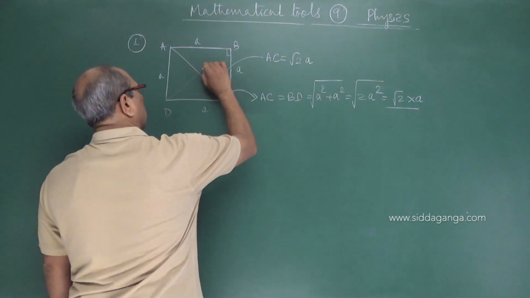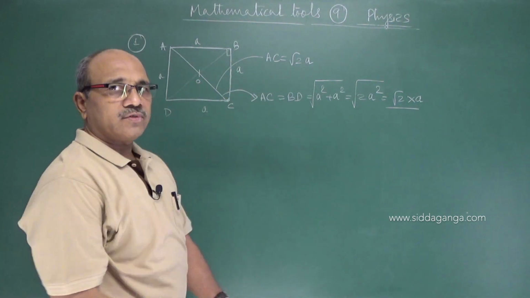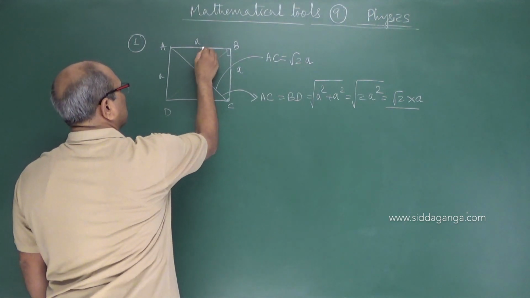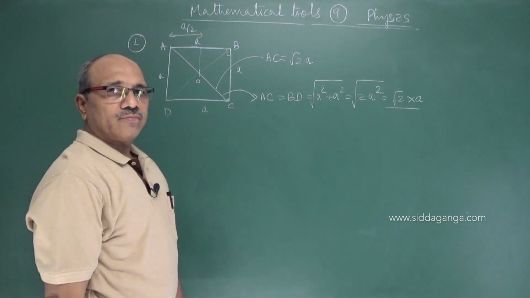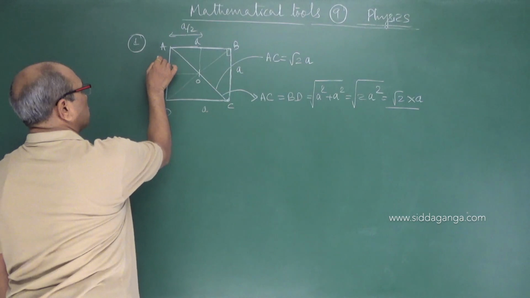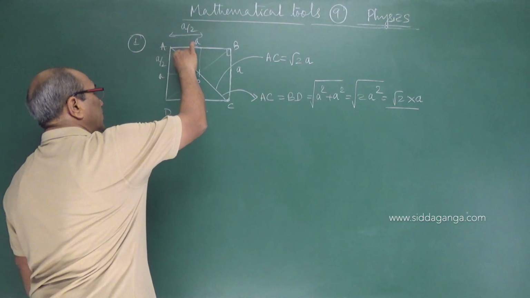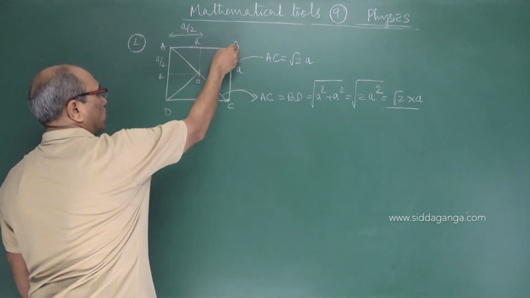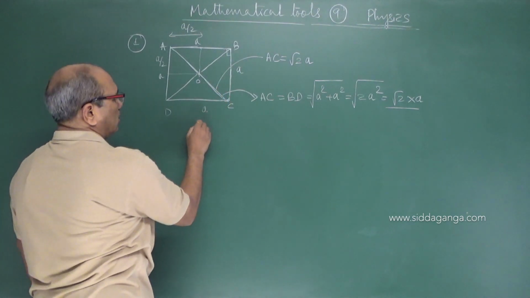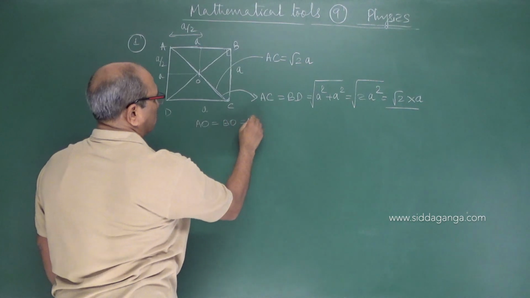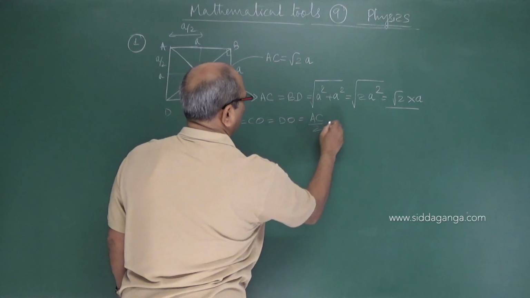Now if you draw the opposite diagonal, the intersection point is the center of the square. If you draw a vertical, this distance is exactly A by 2, and here also it is A by 2. The importance is that either AO or BO or DO or CO, if you require it, is nothing but AC by 2.